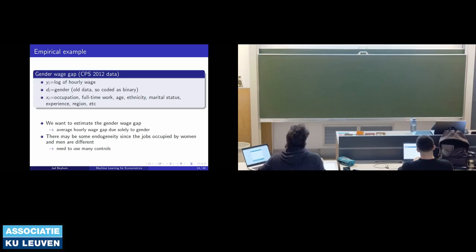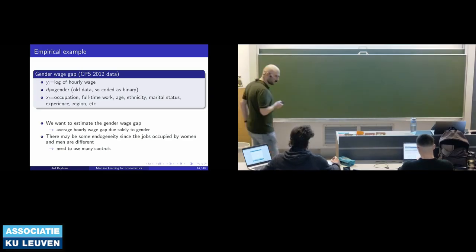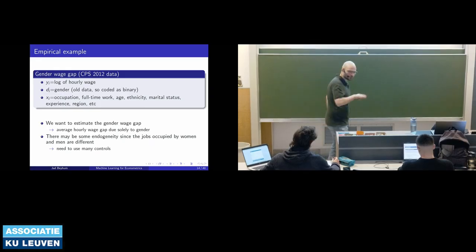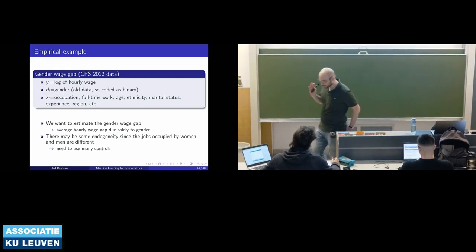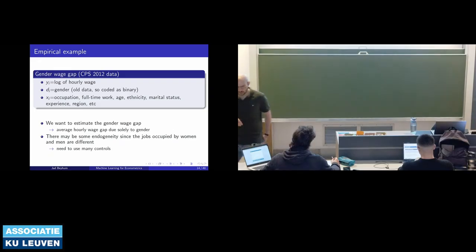Another example that we had was the gender wage gap. You want to isolate the effect of gender on wages once you control for a lot of characteristics, because your goal is really to isolate the effect of discrimination. So here you want to put a lot of controls. yi is the log of hourly wage, di is gender, and the controls can be occupation, whether you work full-time, age, ethnicity, marital status, experience, region, and these kinds of things.